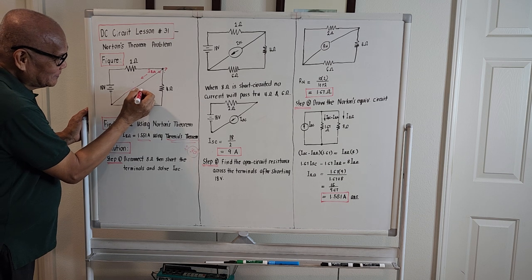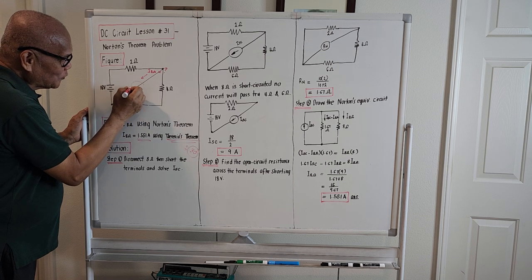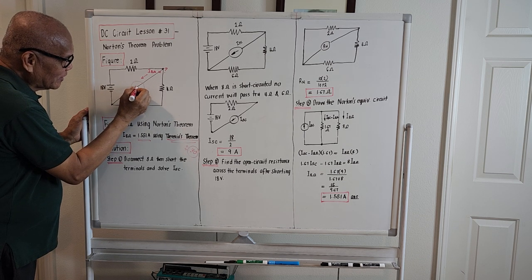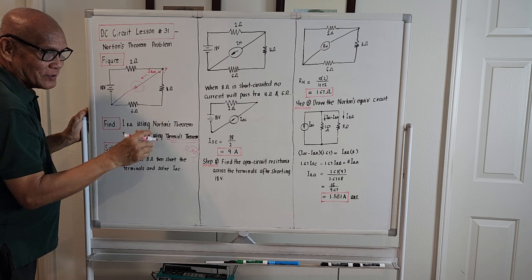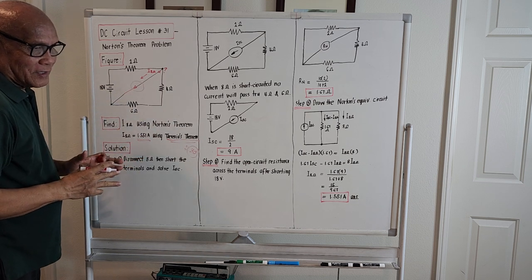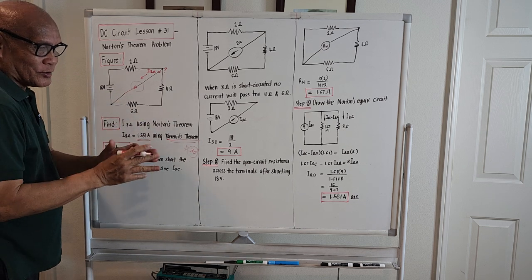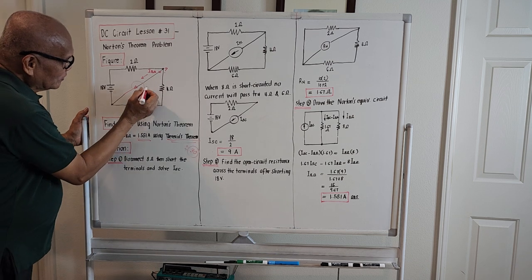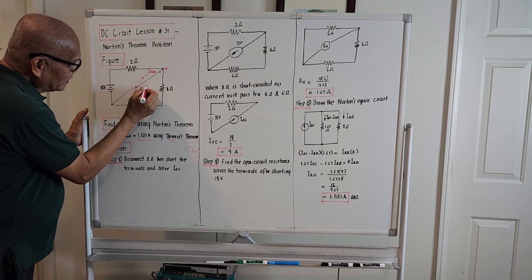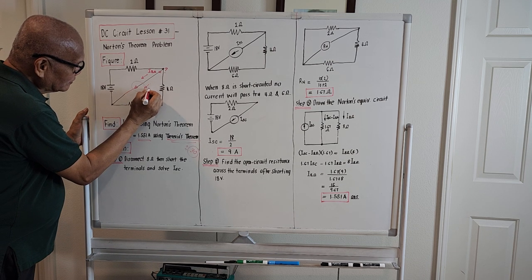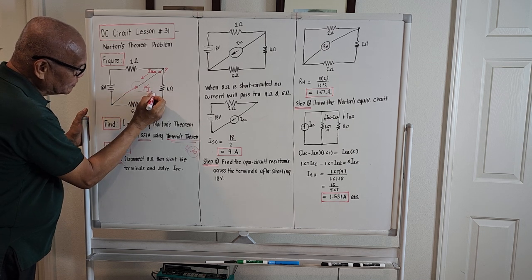Then after that, if we try to place an ammeter here, an ammeter is an electrical instrument that measures direct current, right? We will be solving for the current passing here, and the designation of that one will be capital letter I with the subscript SC.